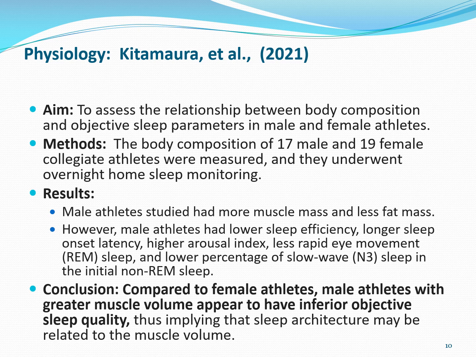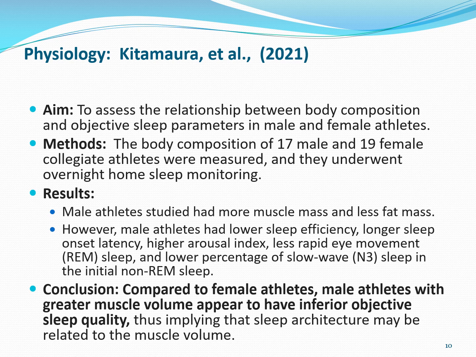So again, this particular one focuses on physiology. I've listed, I'm not going to read these slides to you, the aim, the methods that were used, and the primary results. Most significantly, though, I will describe the conclusion. The aim of this particular study was to assess the relationship between body composition and objective sleep parameters in male versus female athletes.